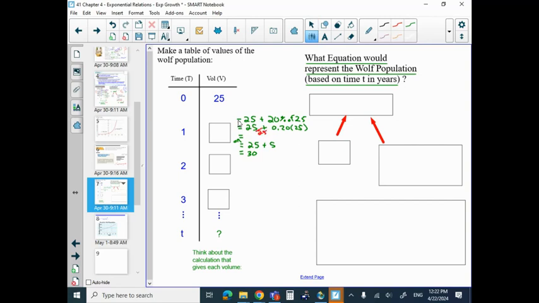If we common factored out the 25, we'd have a 25 out front, times 1 from the 25 divided by 25, and a 0.20 from the 0.20 times 25 divided by 25. This 30 is really equal to 25 times 1.2.